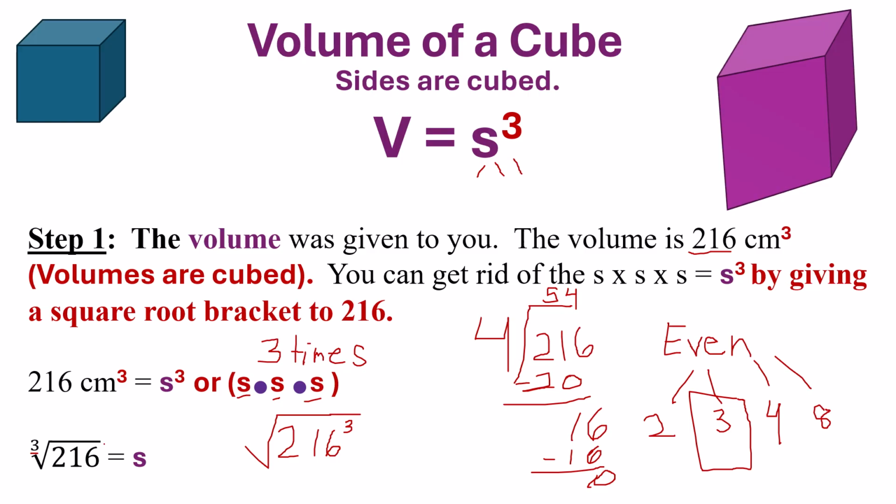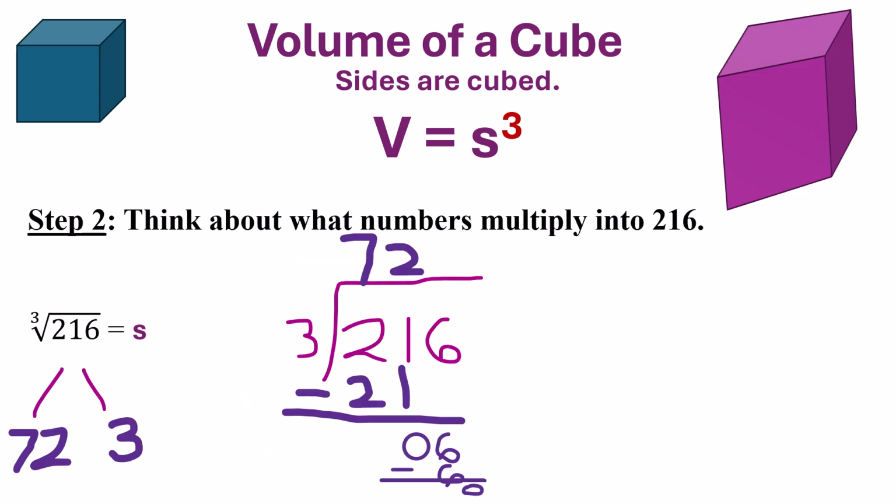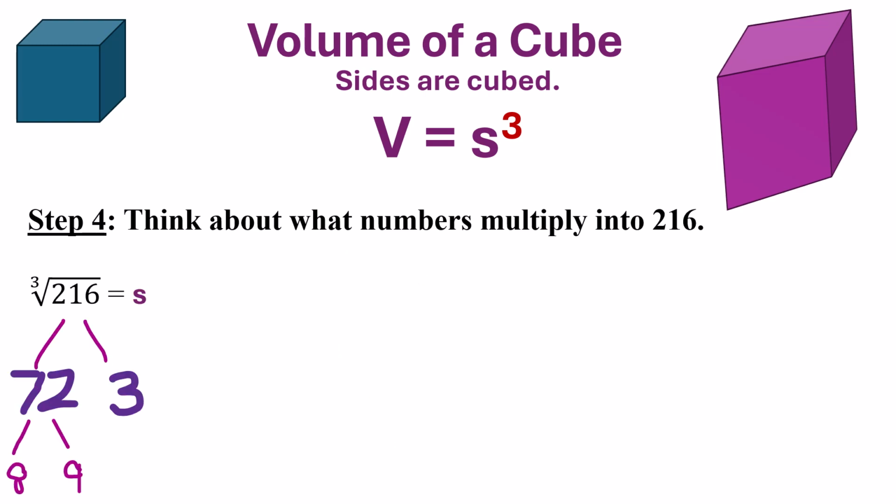Okay, side, I'm going to use dots, times side, times side. So now when you're doing the cubed root, 3 into 216 is 72 times 3. And I put this here. And then 72 is an even number, so you keep going.